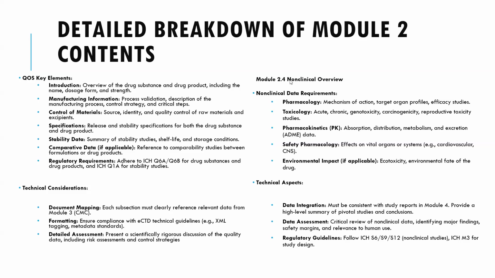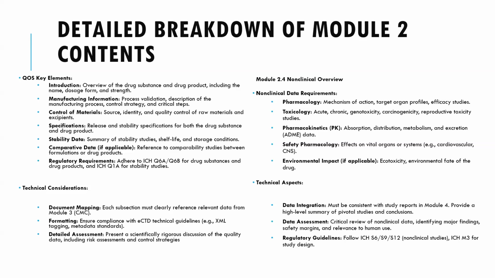Okay, so we'll start with module 2.4, non-clinical overview. Non-clinical data requirements talk about pharmacology, toxicology, pharmacokinetics, safety pharmacology, and environmental impact summaries, or an overview. So in pharmacology, we'll submit data related to mechanism. We'll submit summaries related to the data that we've submitted in module 3, related to mechanism of action, target organ profile, efficacy studies.